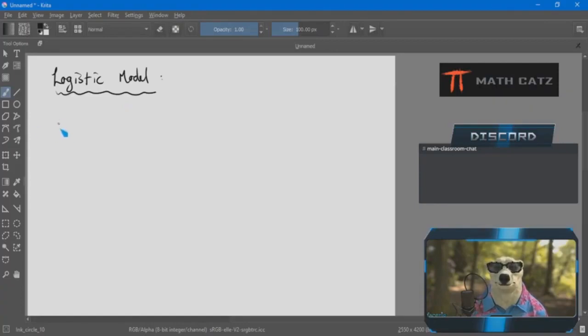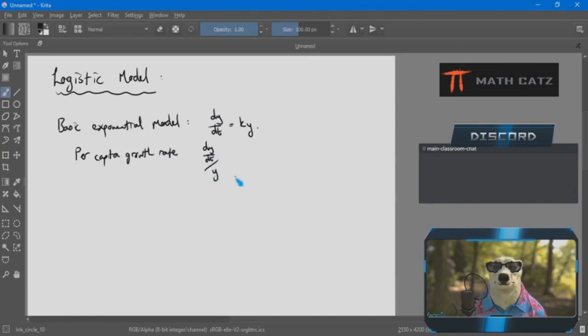So let's recall one way to look at this is our basic exponential model says that the growth rate is proportional to the population size at that time. The per capita growth rate is the growth rate per person.